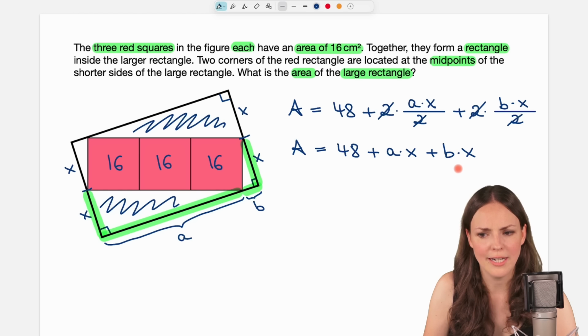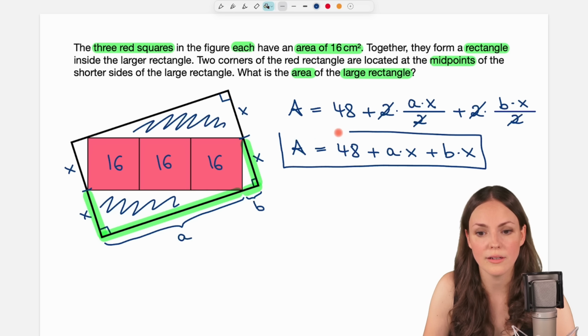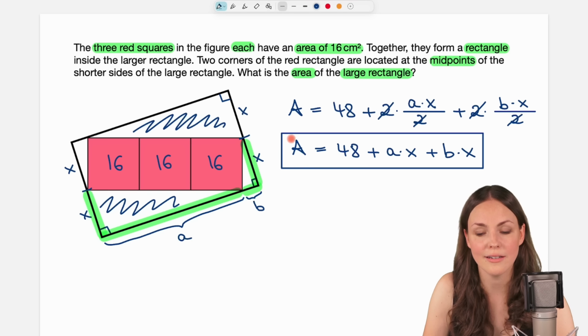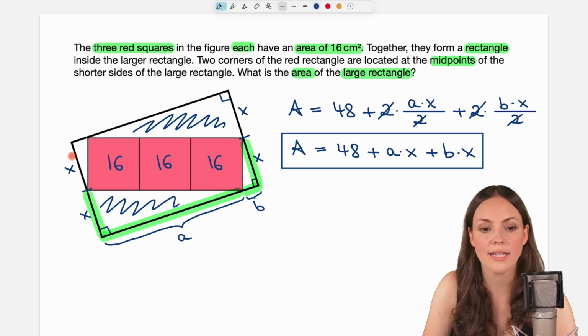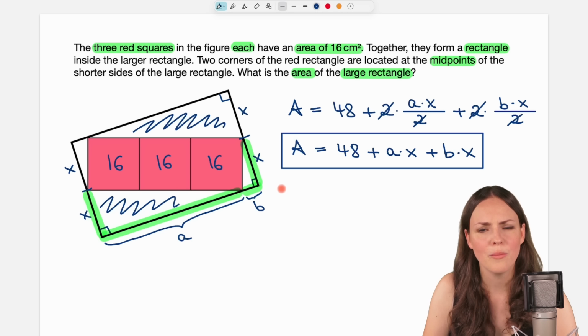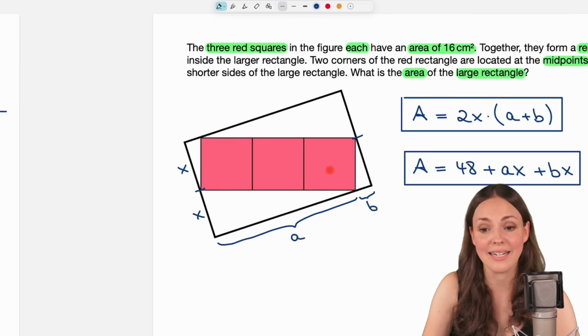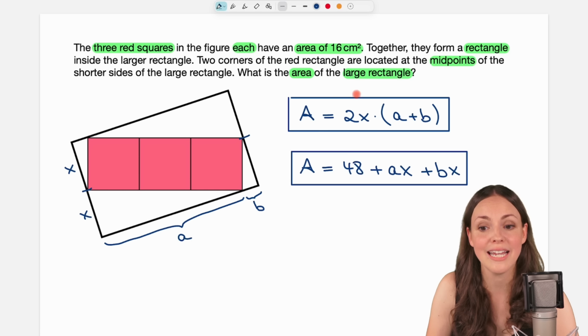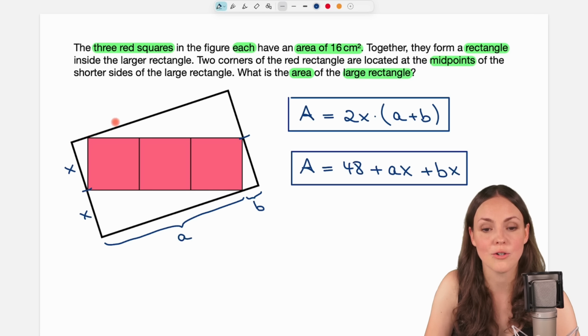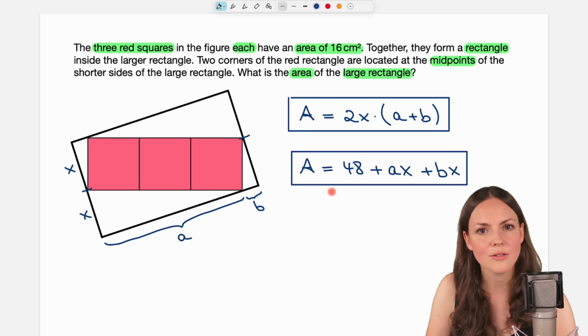What have we found now? This here is a formula to find the area of the large rectangle. But we already had such a formula at the beginning, do you remember? So if we take this new formula with us, go back to the beginning where we already had a formula to find the area of the large rectangle. But that is great.